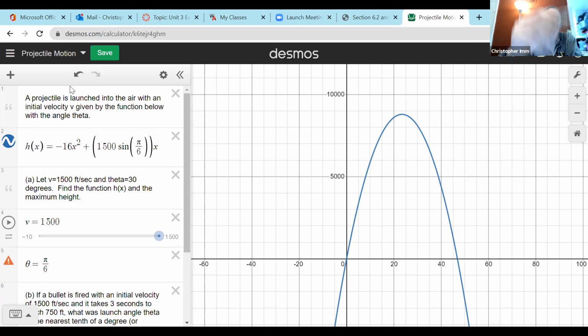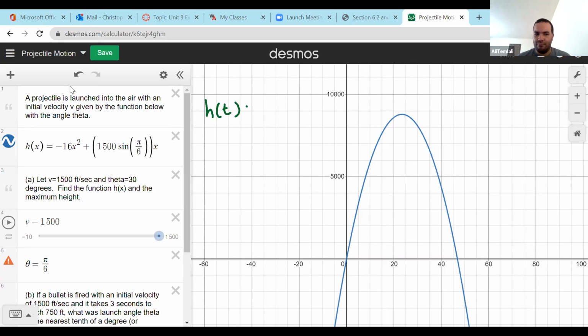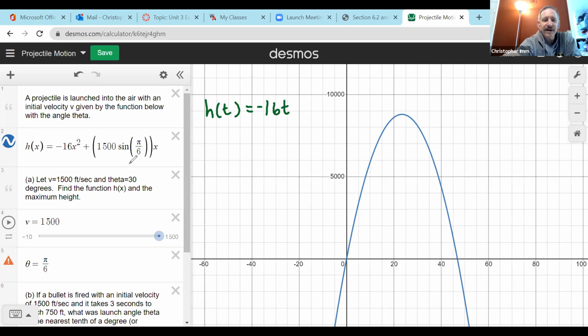What is sine of pi over 6 again, or 30 degrees? 0.5. Yeah, 1/2, exactly. So our equation becomes h of t equals negative 16 t squared plus, half of 1500, that's 750, right? 750 t. So that's going to become our equation now.